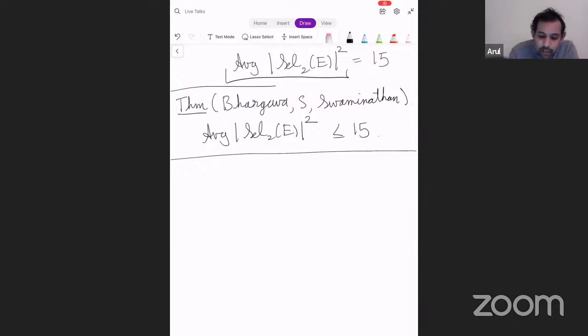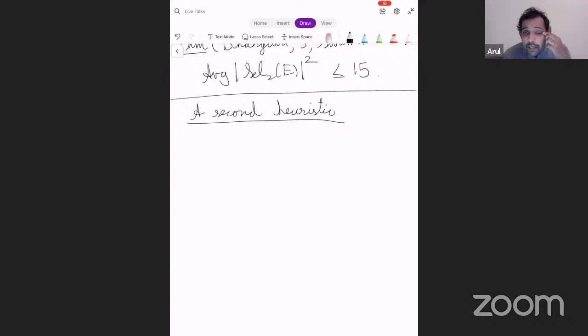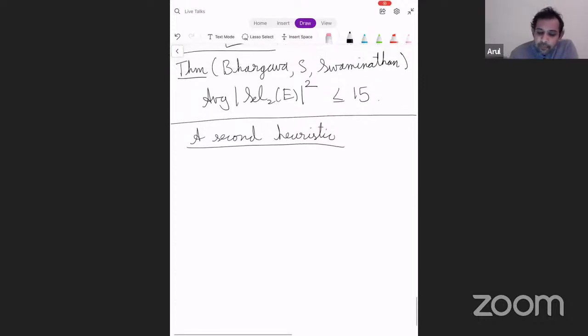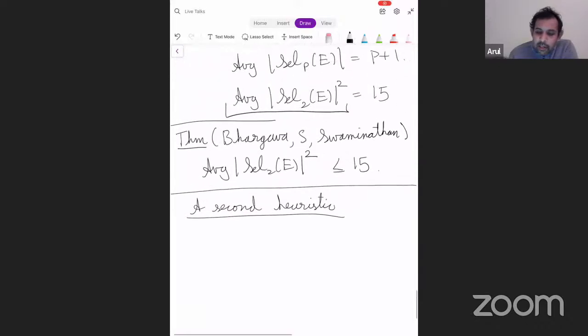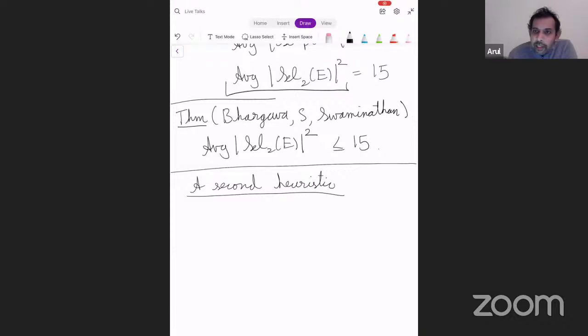So here's a second heuristic. The reason I want to talk about the second heuristic is that our proof essentially makes this heuristic precise. This heuristic is a very natural way to understand why the second moment should be 15.